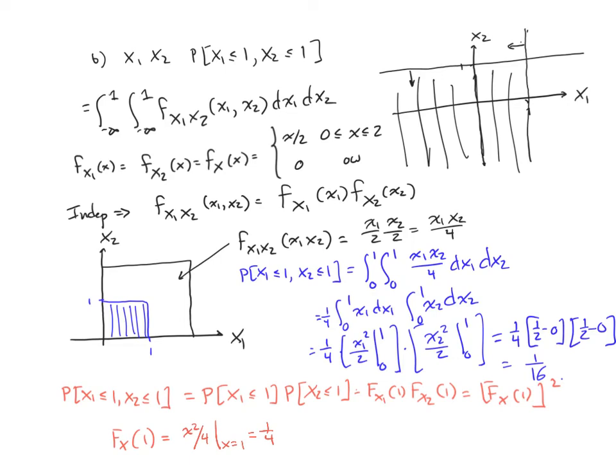So putting these pieces together, we get that the probability x1 is less than or equal to 1 and x2 is less than or equal to 1 is equal to 1/4 squared, 1/16. And we did it using independence and the property of the marginal CDF, or the CDF of each individual x. And we avoided doing the calculus. Either way is fine. If you like calculus, then feel free to do it that way.